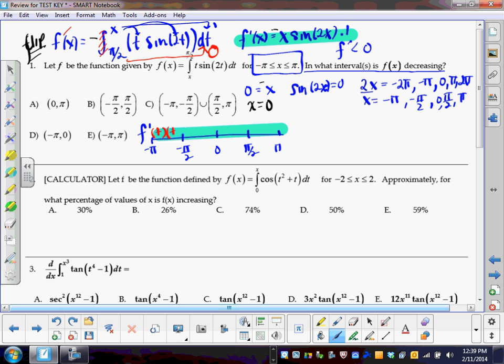That's also positive. I use negative pi over 4. Negative times negative makes positive, and sine of negative pi over 2 is in the position of 3 pi over 2, which is negative, so I have negative overall. If I use pi over 4, I get negative x, so that's negative, times positive is also negative. And then the next part, I would use 3 pi over 4, so negative 3 pi over 4 makes negative. Sine of 3 pi over 2 would be negative, so we get positive.